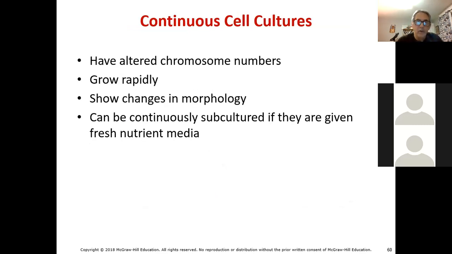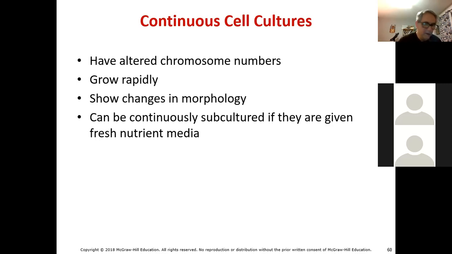Continuous cell cultures have altered chromosome numbers, so every time you propagate, in other words subculture from one dish to another, changes can happen: alteration of chromosome numbers, they can grow more rapidly, and changes in morphology.